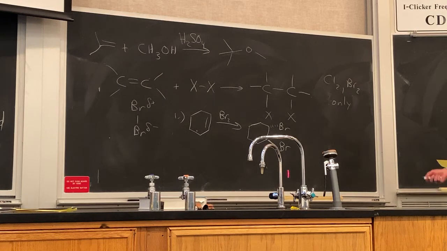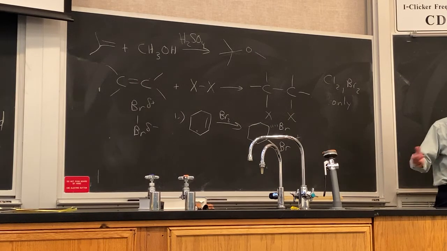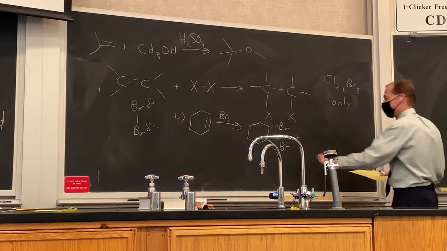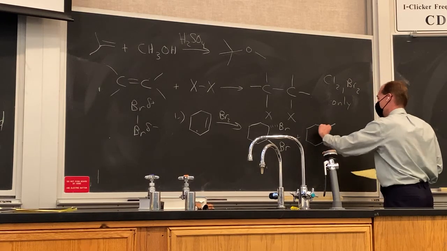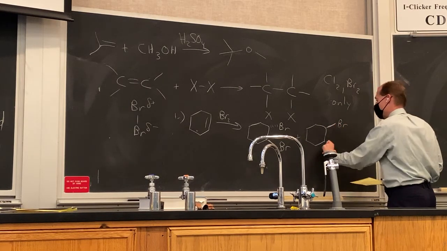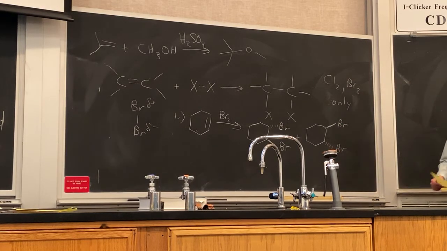Is this product chiral? Yes, this is chiral. Because our alkene and our bromine are achiral, we have to form a racemic mixture. So we're going to obtain a 1-to-1 mixture of the enantiomers of this dibromide. But we're only going to get the trans product.